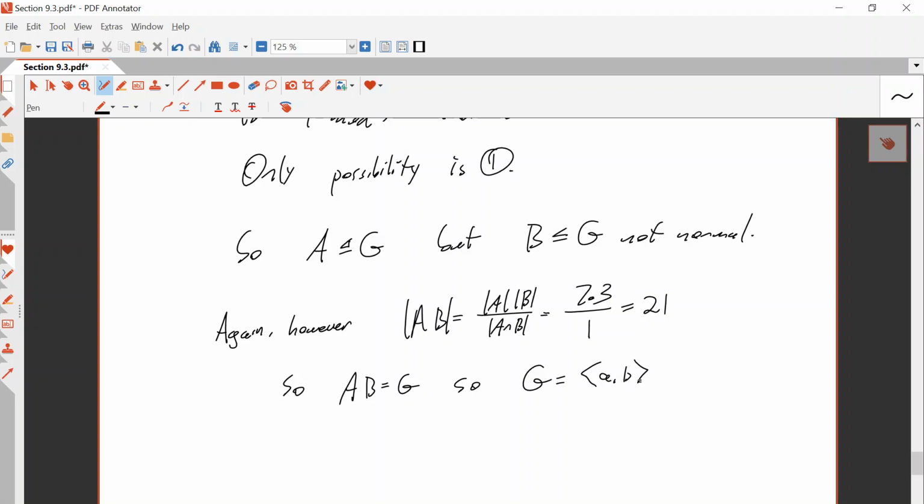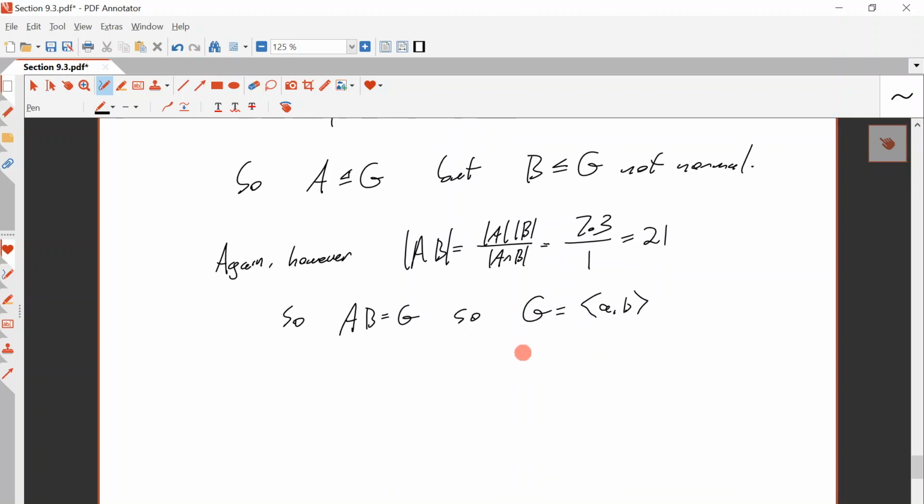But B is not normal, so you can't do that direct product thing that you do in section 9.1. And as a matter of fact, you don't want to. Since which one was normal? A, the Sylow 7 subgroup was normal.